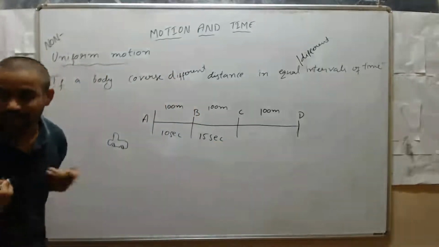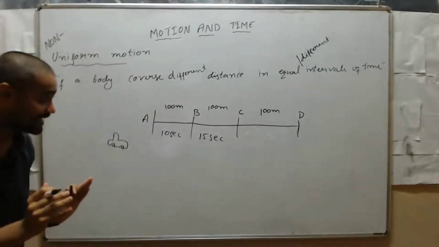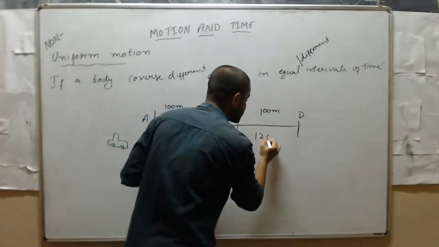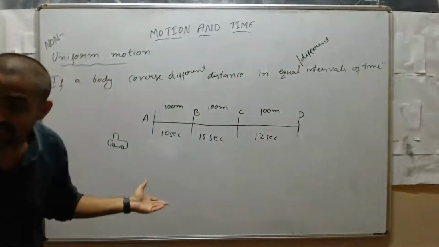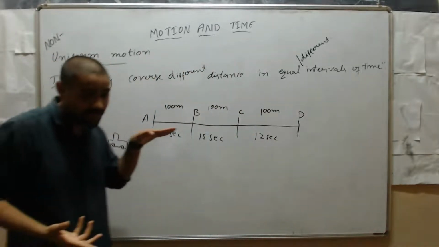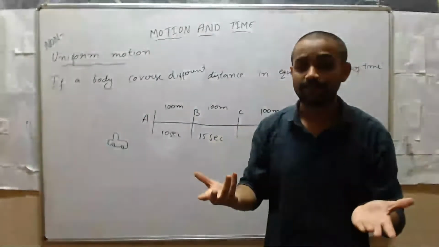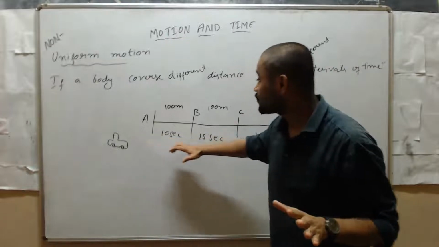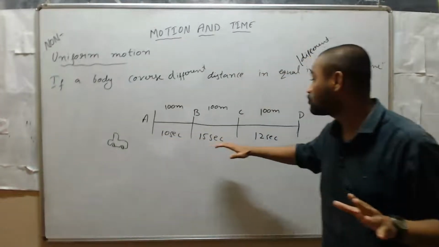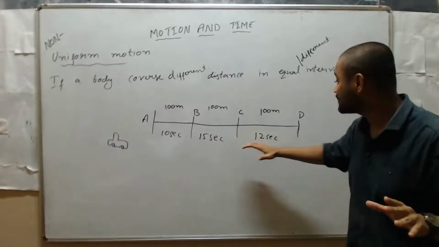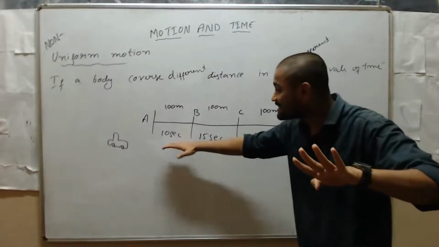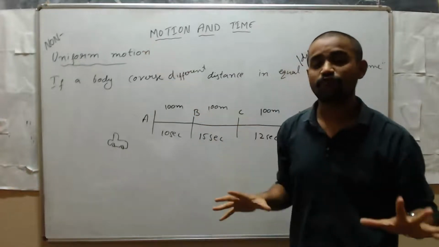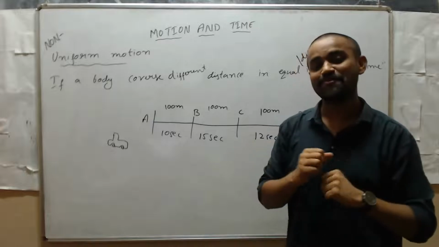Then from C to D it takes 12 seconds. Why? Because there may be humps on the way, or other cars, or fuel, whatever it may be. It covers A to B in 10 seconds, B to C in 15 seconds and C to D in 12 seconds. Here the variables change, and that is called non-uniform. This is called non-uniform motion, students.